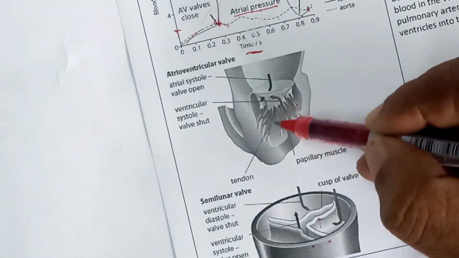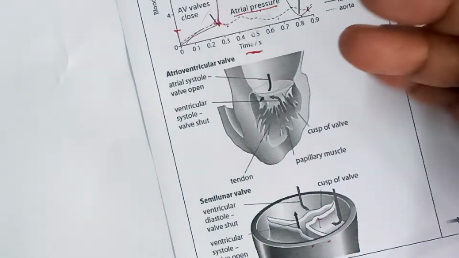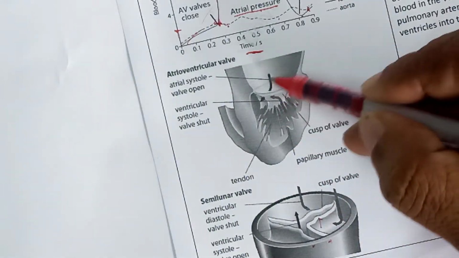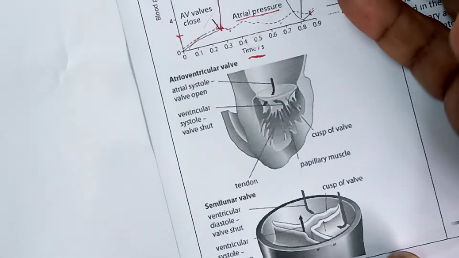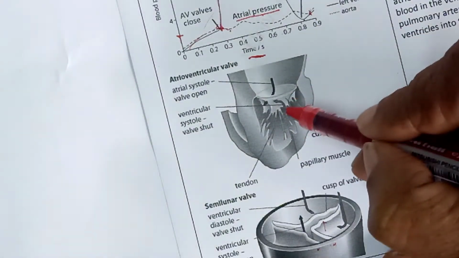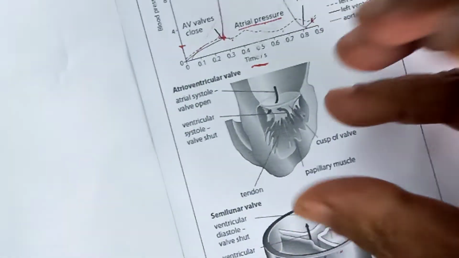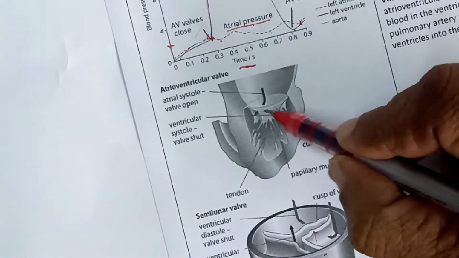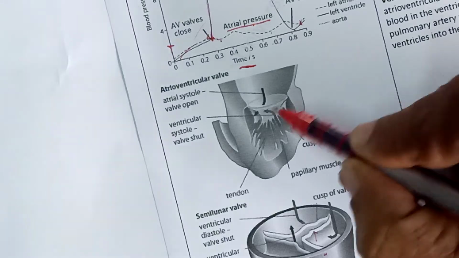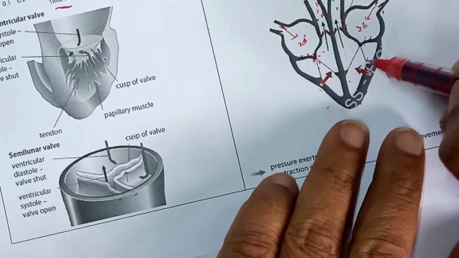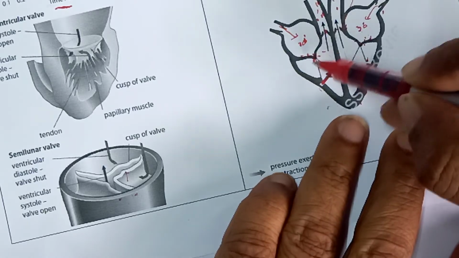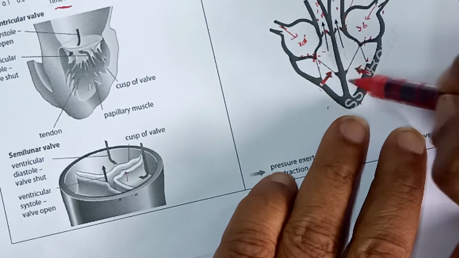So these tendons prevent the cup, it is a cup, right? Prevent it from inverting upside down. So it retains tension and prevents it from opening during the ventricular systole, because when there is a ventricular systole, there is big pressure inside the ventricle.